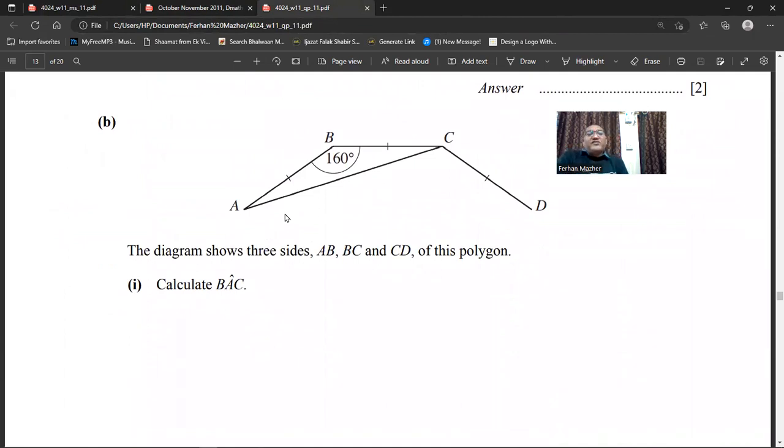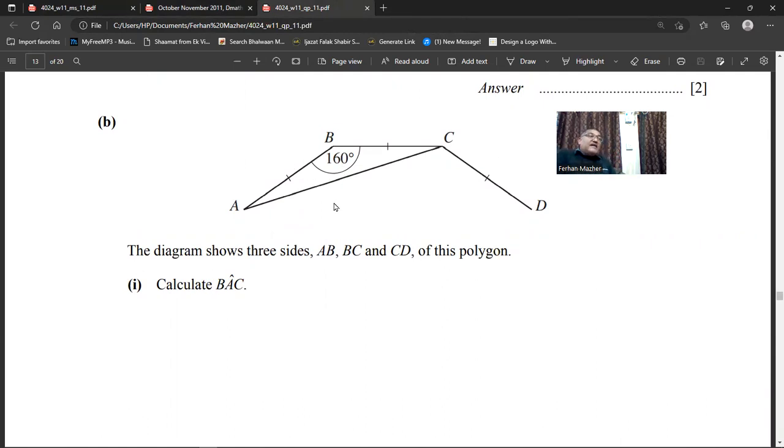The diagram shows three sides AB, BC, and CD of this polygon. Calculate the angle BAC. You see, because this is a regular polygon, the AB side and the BC side are equal. This is the internal angle, that's 160. When you join A and C, it's a triangle, and both sides AB and BC are equal to each other.